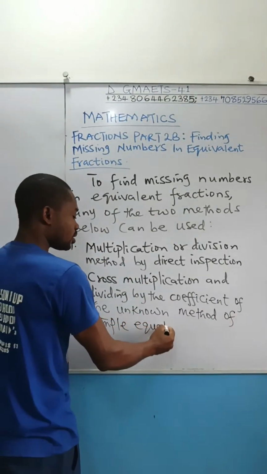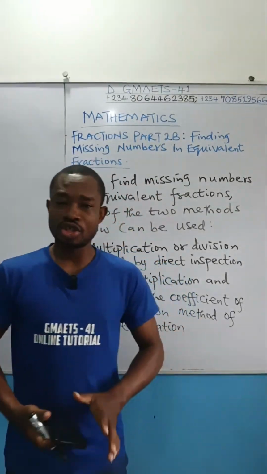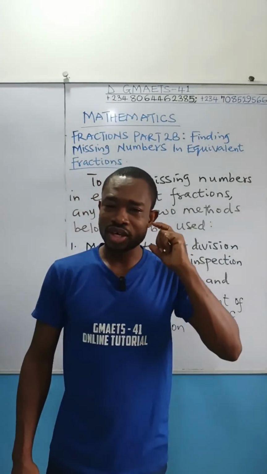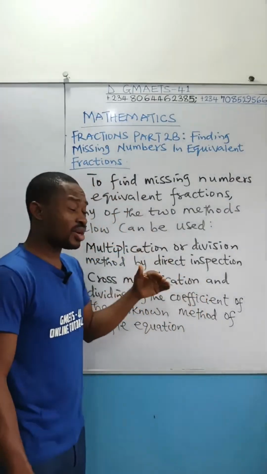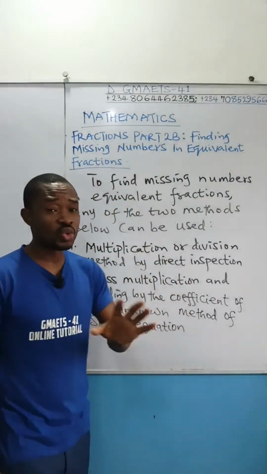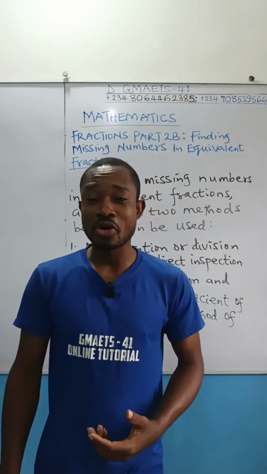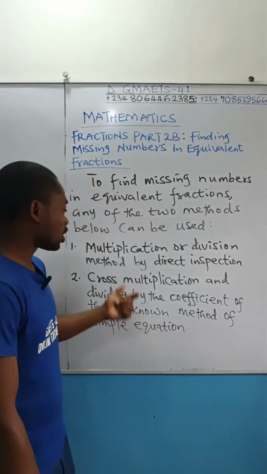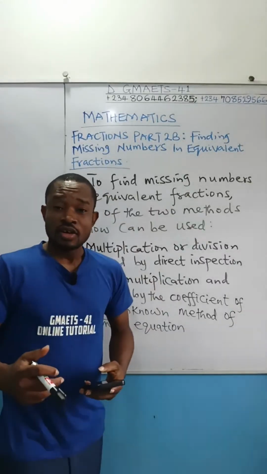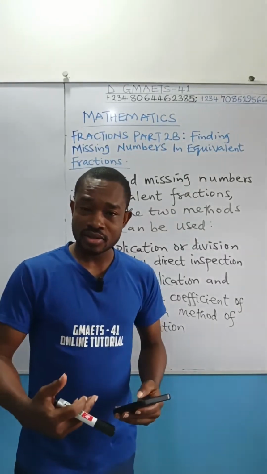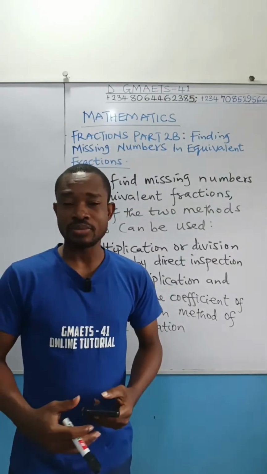So you see what GMAETS41 tried to do here is show you the methods you can use to solve this problem. I gave the name of this method so that you will be confident in yourself that this is something you can do. When I talk about multiplication and division, for those of you that have been following our classes, you should have good knowledge of multiplication and division by now.